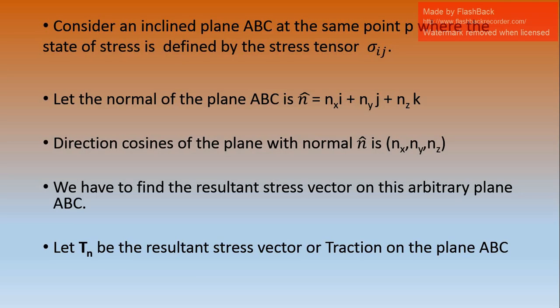Consider an inclined plane ABC at the same point P where the state of stress is defined by the stress tensor sigma ij. That means already the state of stress at a point P is defined by a stress tensor sigma ij.